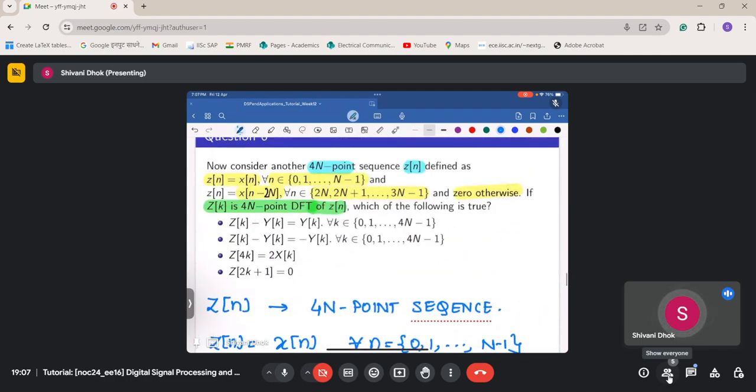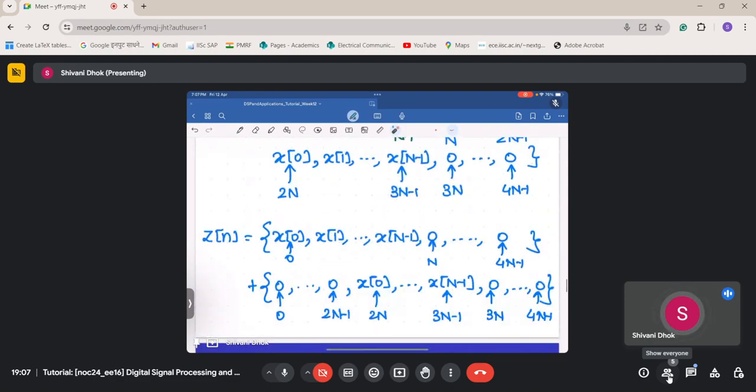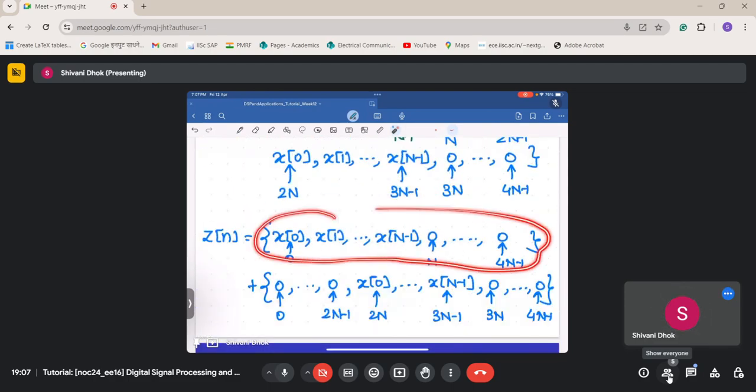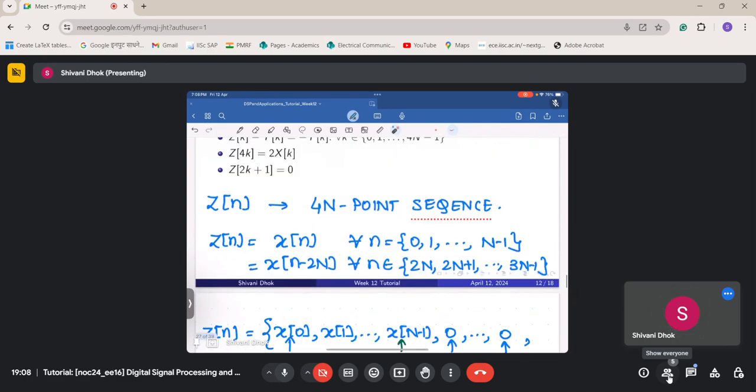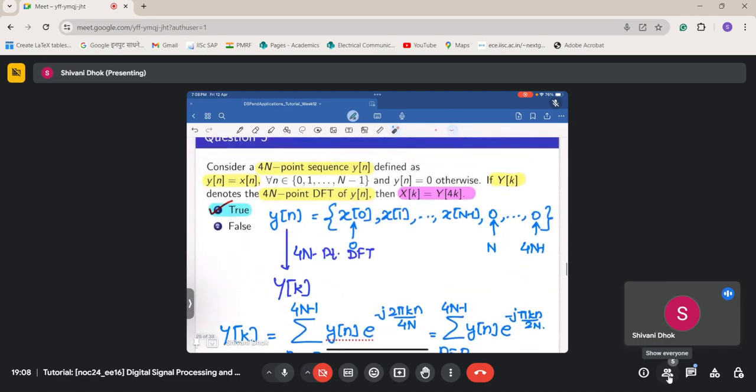So why am I doing this kind of thing? These options which are given below are in terms of Z of k's and Y of k's. So somehow I have to introduce y of n into the picture. So now if you observe this particular sequence here, this particular sequence is equal to y of n. This is my y of n.